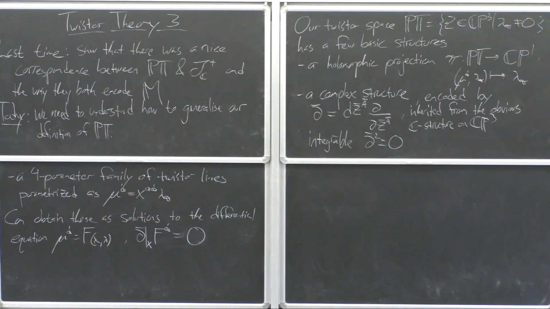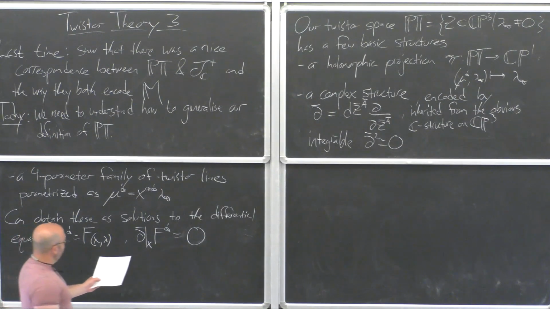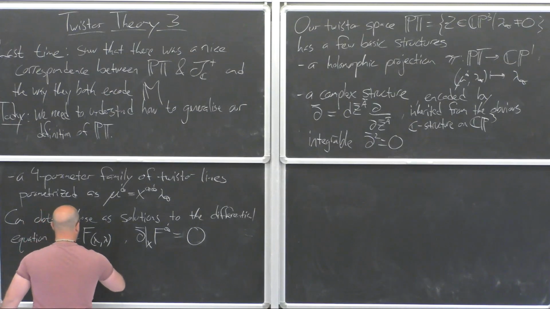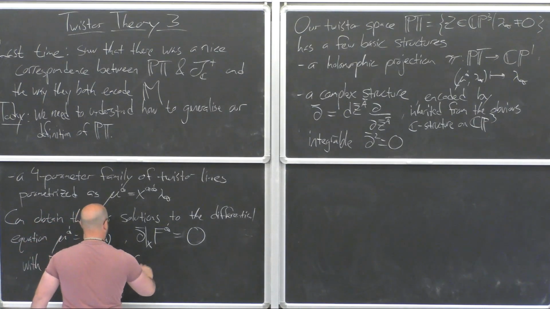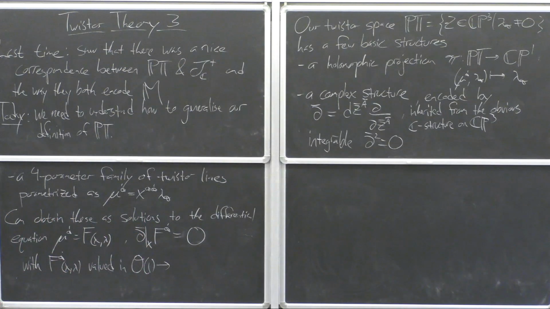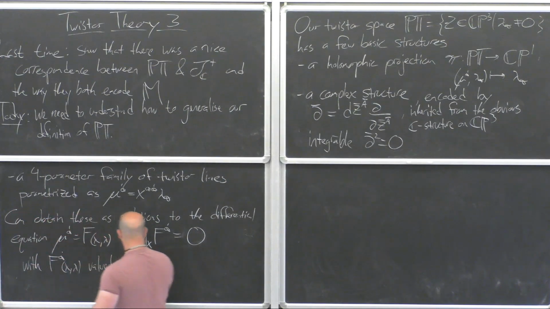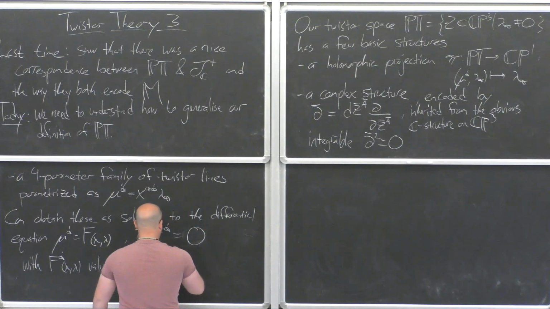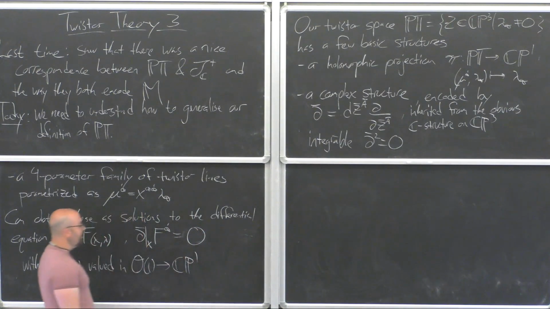And we know that each component of this, these two functions f alpha dot, is taking values in O(1) over CP1.